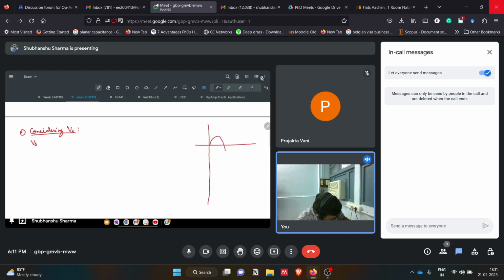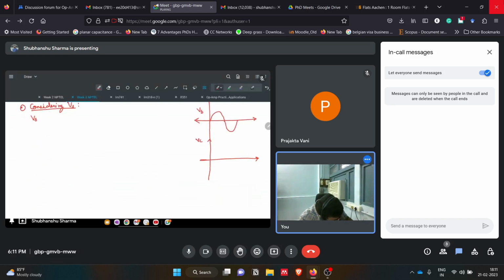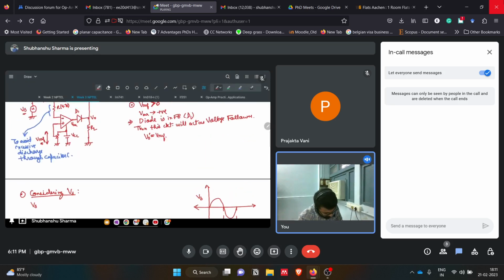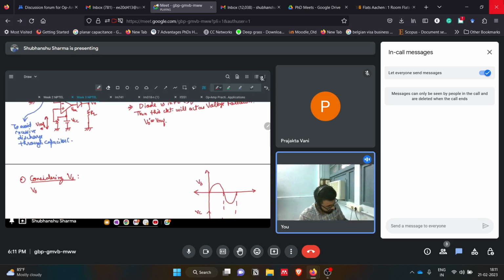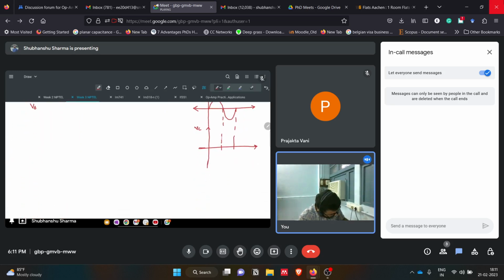So this is the input voltage, this is Vs. Then we have Vc, the voltage across the capacitor. This one, this is Vc.